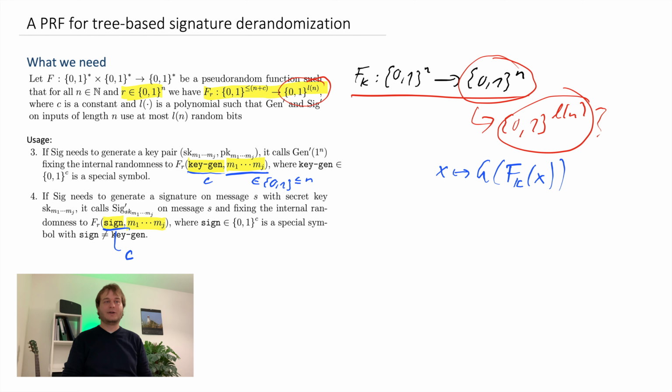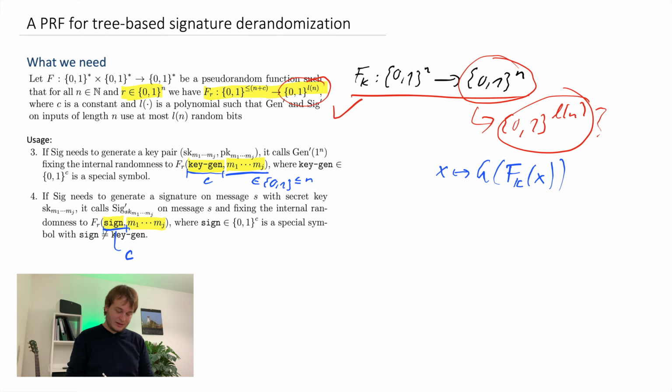And that's our new PRF with output length L of n. Now you would have to formally prove this, but this is not all that difficult. So this is already possible if we have a PRF of the form that it outputs, let's say, in bits. We can always just extend this arbitrarily using a PRG. Like arbitrarily in this, like polynomial expansion, of course.